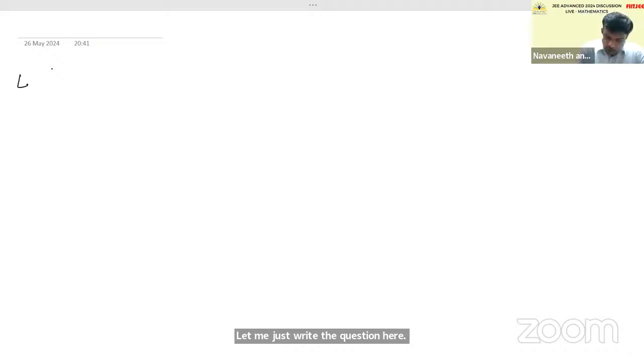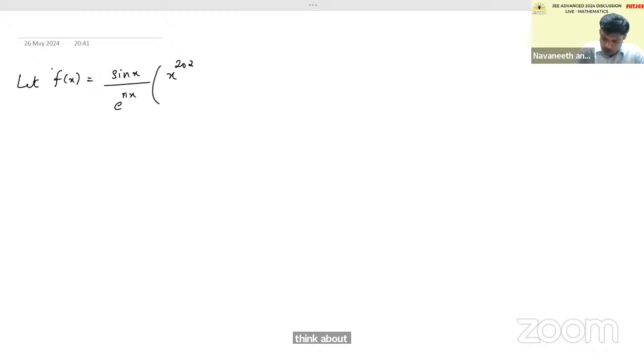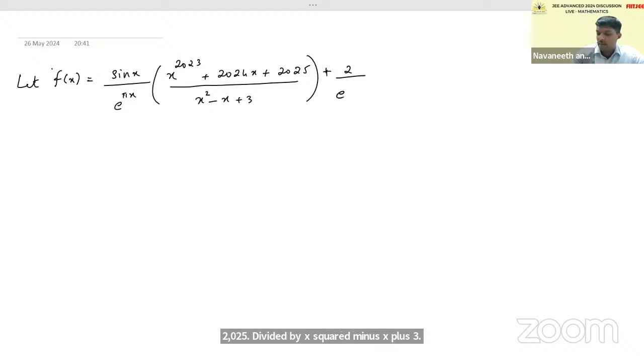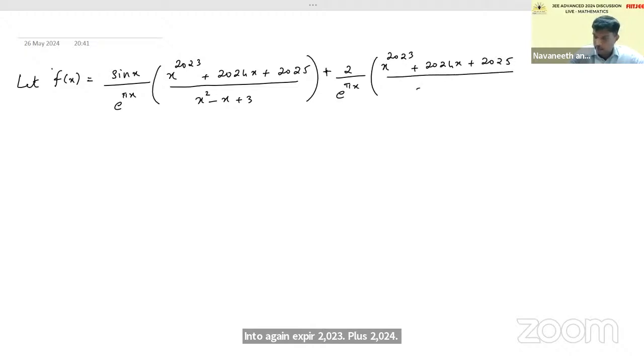It's given, let f of x be equal to sin x by e to the power pi x into x to the power 2023 plus 2024x plus 2025 divided by x square minus x plus 3, plus 2 by e to the power pi x into again x to the power 2023 plus 2024x plus 2025 divided by x square minus x plus 3.